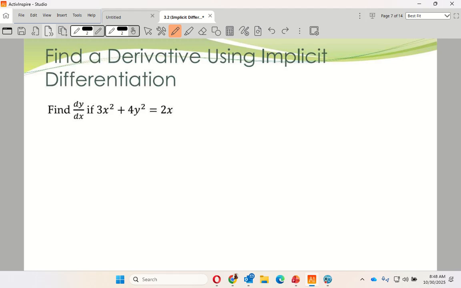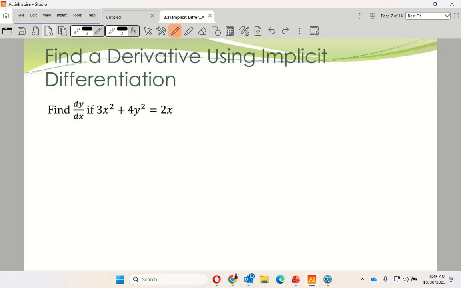So find dy dx. This is what it's always going to look like, something crazy like this. x squared, y squared. What is that going to give me if I have an x squared plus y squared? It's a circle.